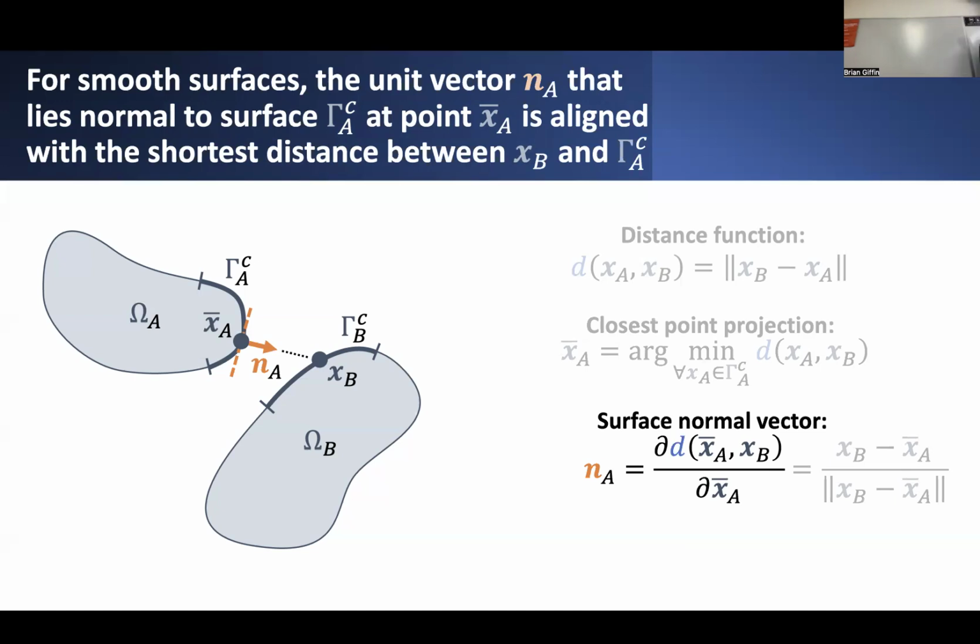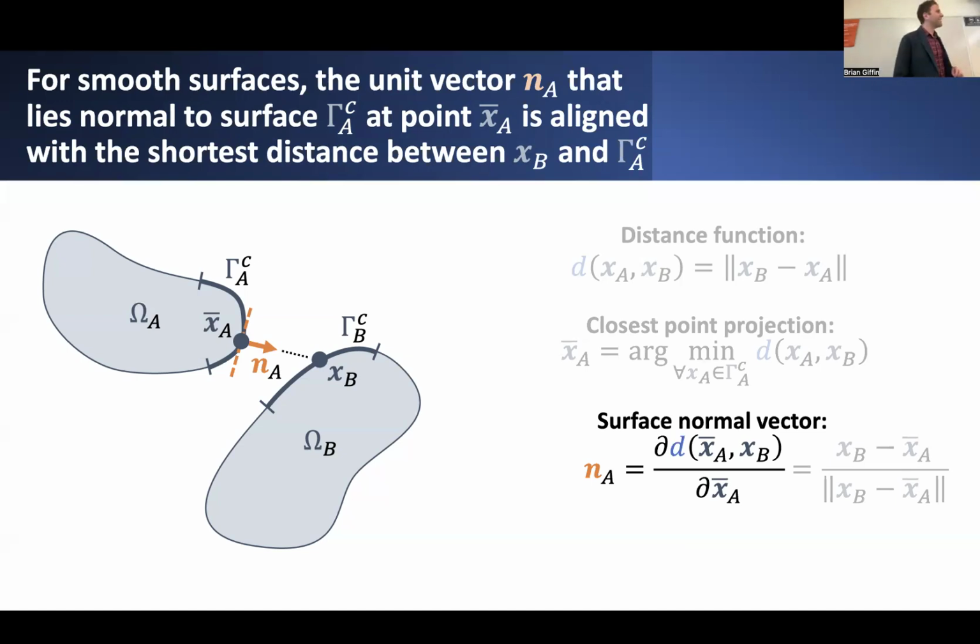And if I take the partial derivative of the resulting distance function with respect to this point, I actually get a normalized measure of this unit vector, which happens to lie strictly normal to this contact surface A.